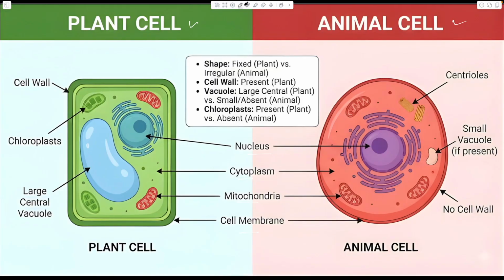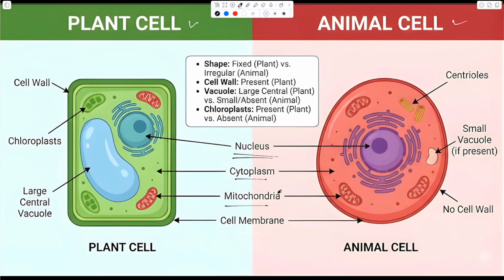For example, the nucleus is where genetic material is stored. Cytoplasm is where all the cell's chemical reactions take place. Mitochondria is the powerhouse of the cell. Think of it like a generator, like a nuclear power plant, where it produces energy.